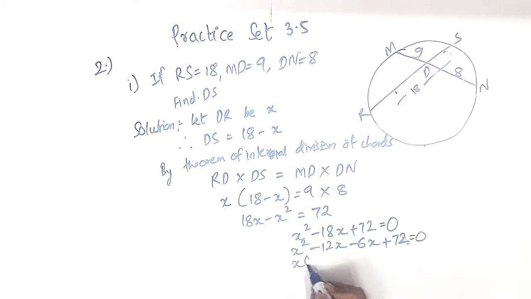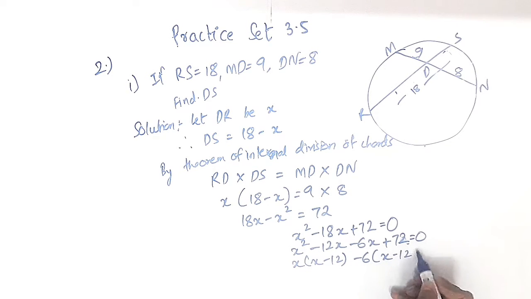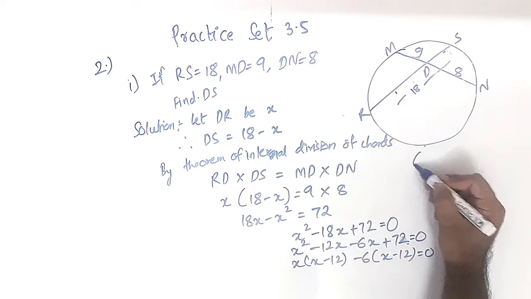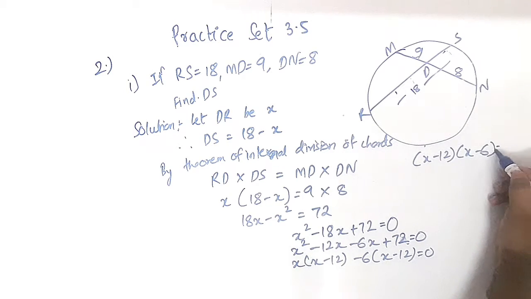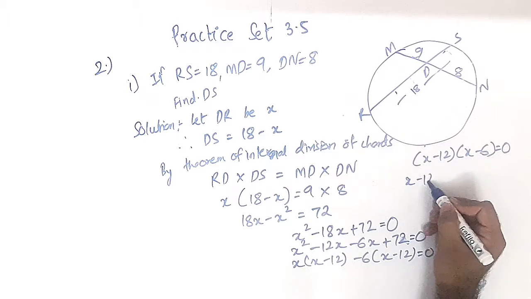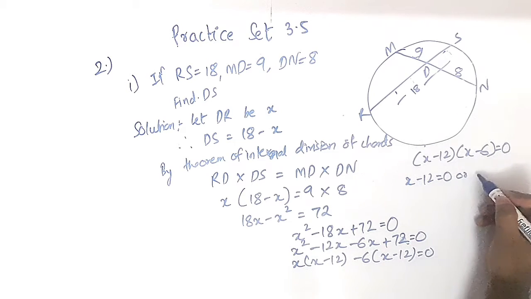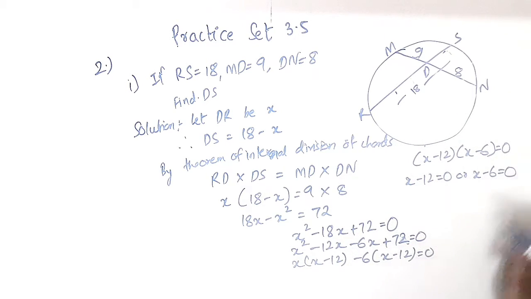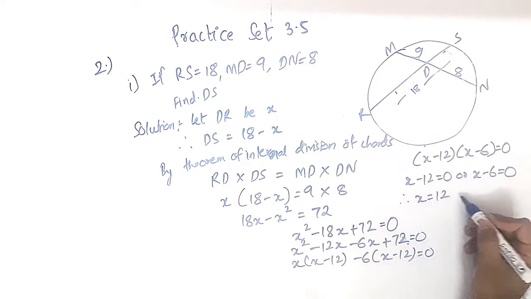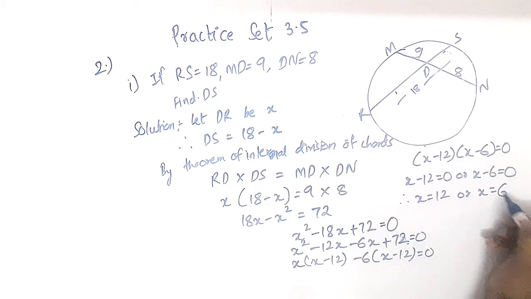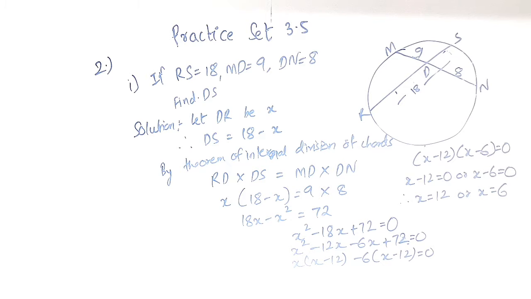So x common, x minus 12, minus 6 common, x minus 12. X minus 12 common, x minus 6 equals to 0. X minus 12 equals to 0 or x minus 6 equals to 0. Therefore, x is equal to 12 or x is equal to 6.